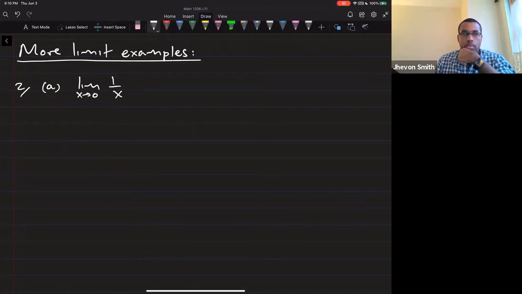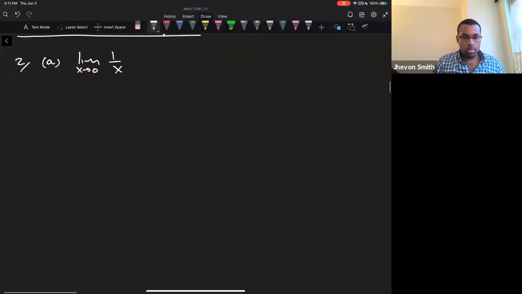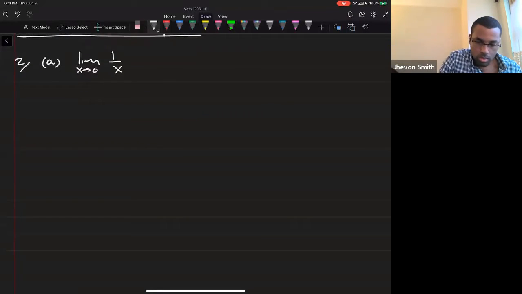I got that the overall limit doesn't exist. Okay, why? Because as x approaches 0, there are two different branches: one approaches positive infinity, but the other approaches negative infinity. So you're thinking about the graph.